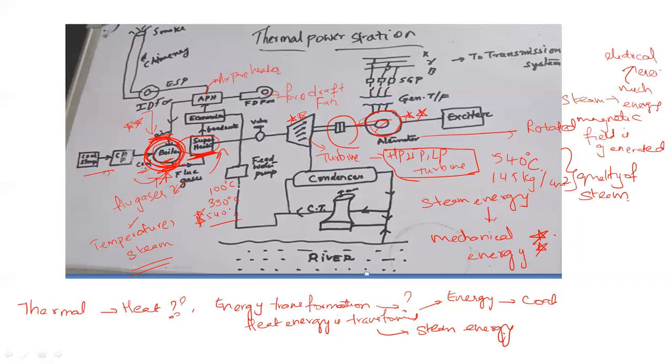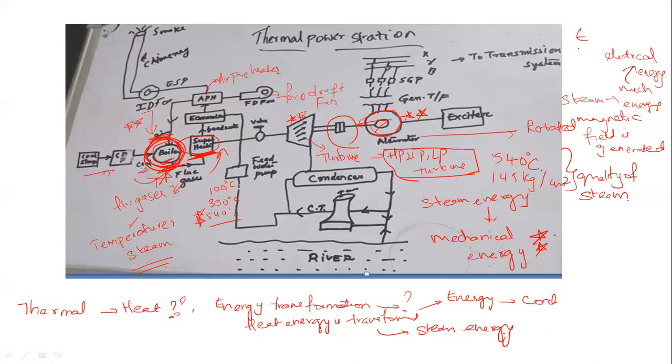How is this electrical energy generated? The rotating magnetic field is produced in the rotor, and the stator conductors are embedded in the generator in star fashion. So this rotating magnetic field cuts the current carrying conductors and generates the EMF.